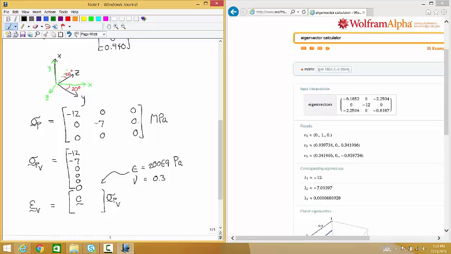These values were given in megapascals, and so they're in megapascals here. So if your Young's modulus is in pascals, you need to represent that stress in pascals too. So before you do this multiplication, this should be -12 times 10 to the 6, -7 times 10 to the 6. If you don't do that, you're going to get strains that are a million times too small. And that's a lot of error. It's hard to overlook those factors of a million.